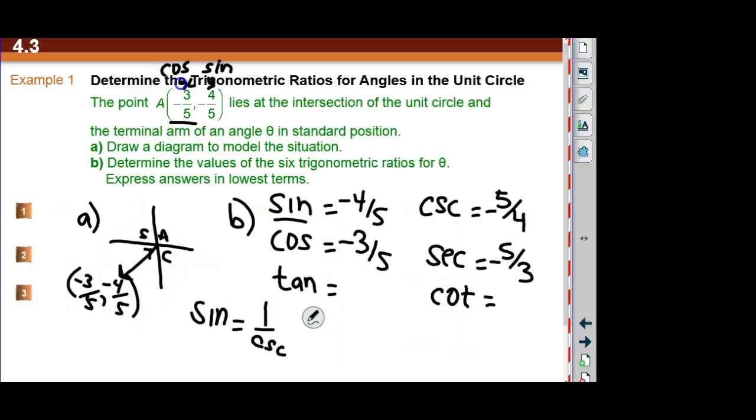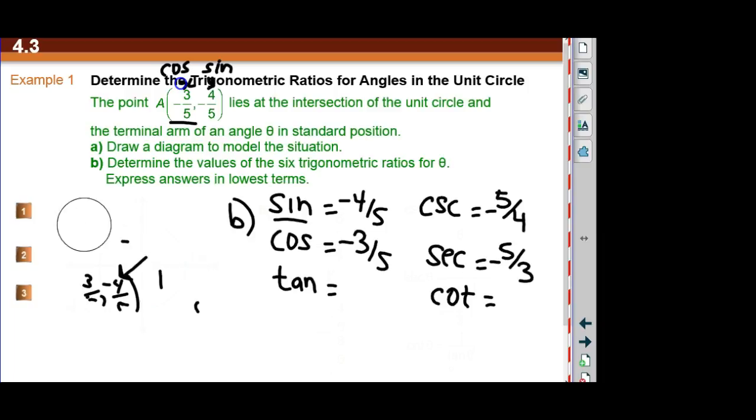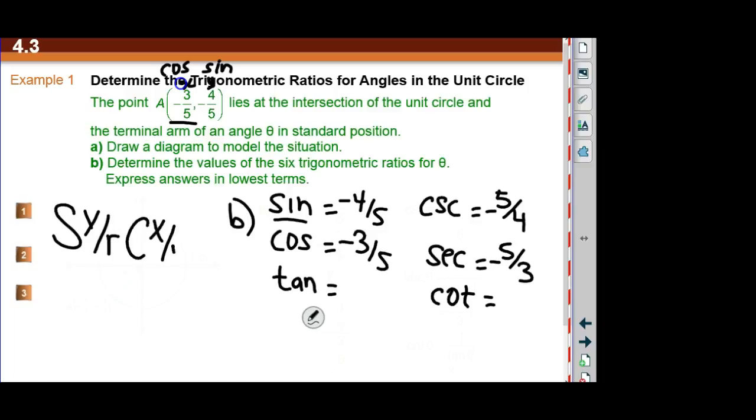And then tan, how do we find tan? Anybody remember? Okay, remember when you guys were laughing at me the other day because I said SIR COXER? SIR COXER just stands for, when we're on a Cartesian plane, this is x, this is y, and this is always the radius, right?